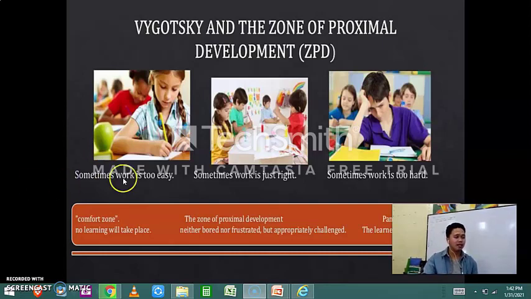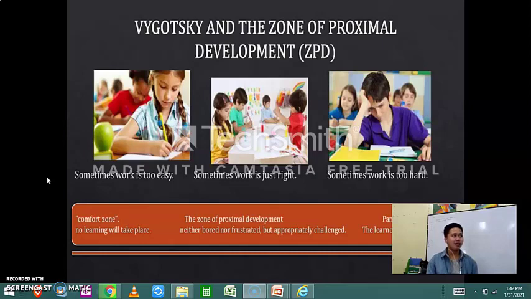So there are 3 stages: itong comfort zone, the zone of proximal development, and itong panic zone. So itong comfort zone, according to Lev Vygotsky, kapag ang bata is nasa comfort zone niya lang, the children will not learn. Example, ang bata, kapag kinder siya, the child already knows how to write the alphabet.